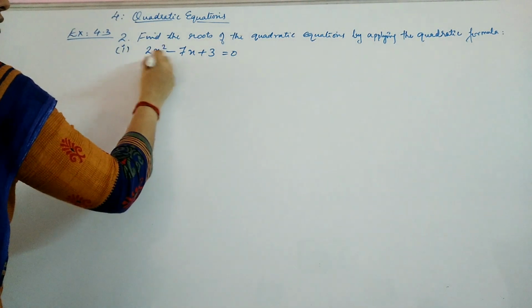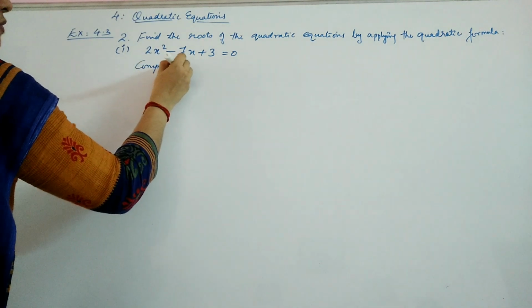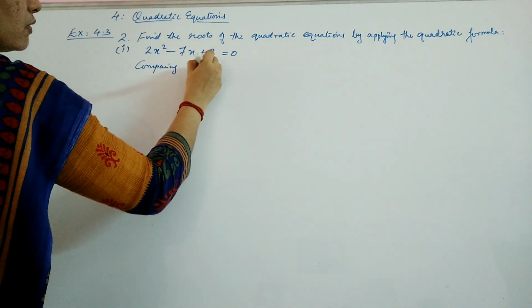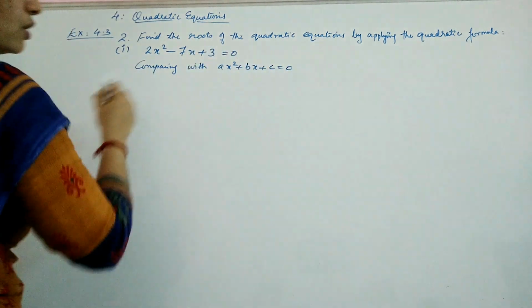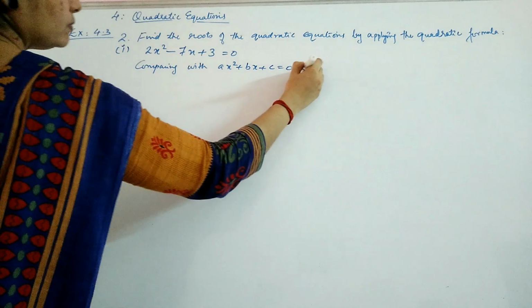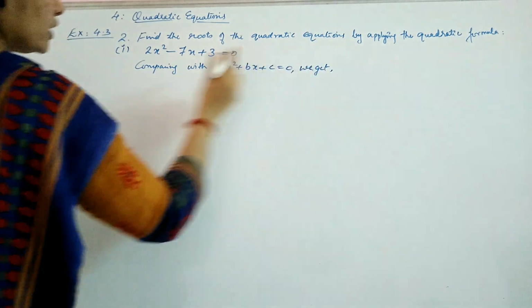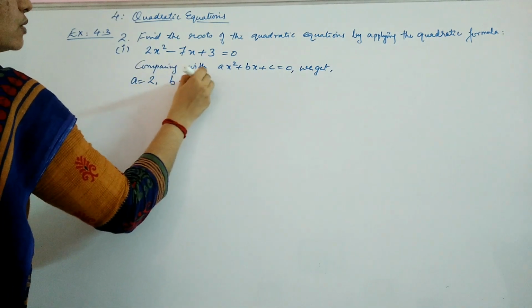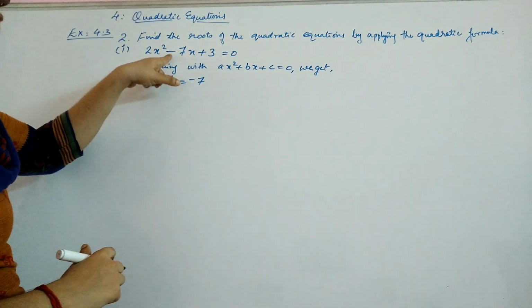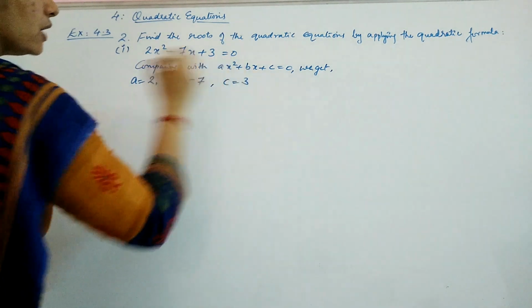Here, comparing with ax square plus bx plus c equal to 0, you will get a is equal to 2, b is equal to minus 7, and you have to take the sign also together with the term, and c is 3.